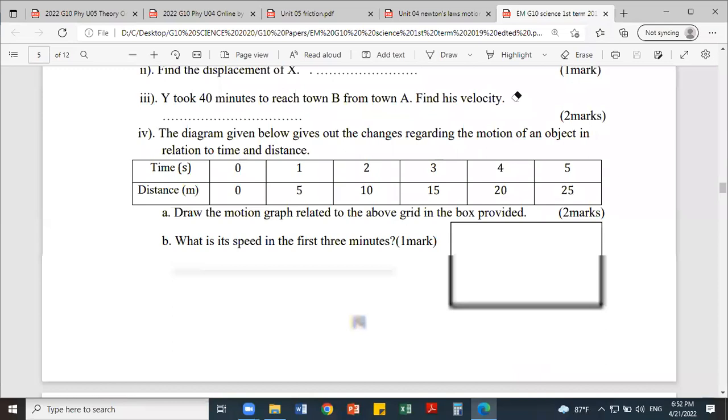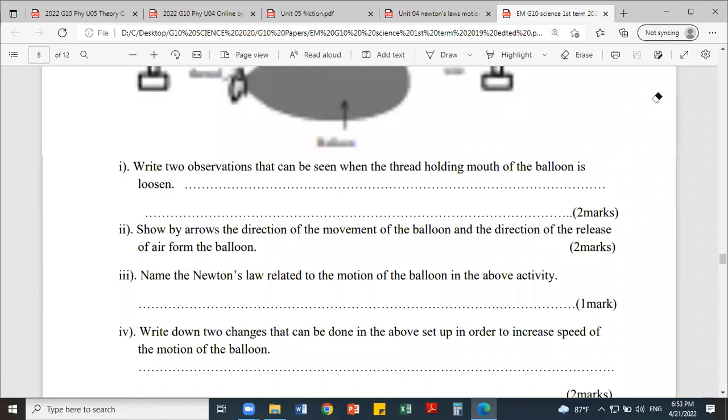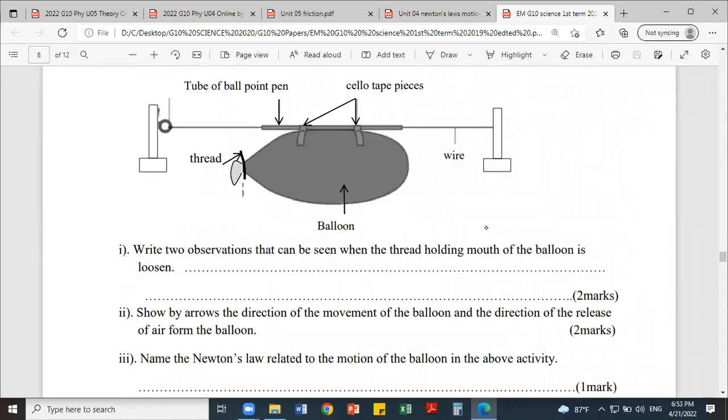Right. Now this is just to give an idea of whatever questions you might get. They ask you to name another situation or phenomenon where you observe this in everyday life. So you can write sending a rocket, sending a skycracker, swimming, rowing a boat.